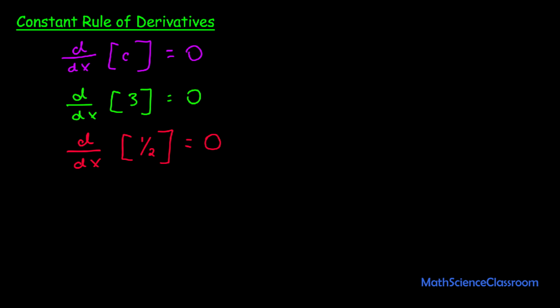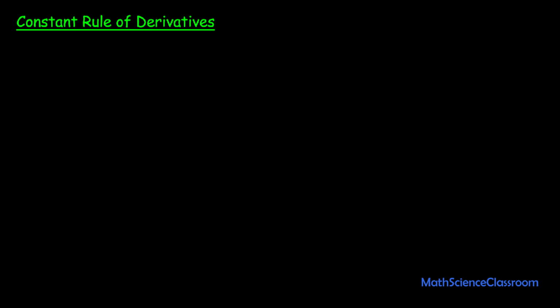So let's clear the space and try some more. If y equals 32, what is dy over dx of y?